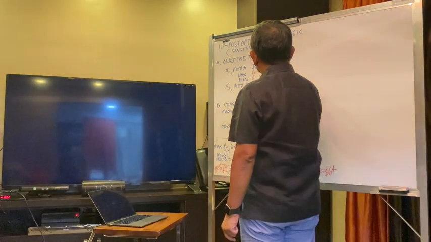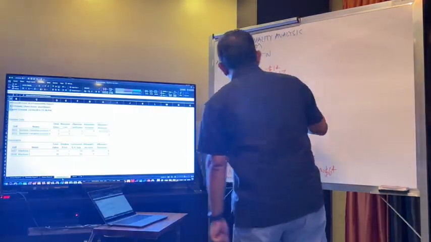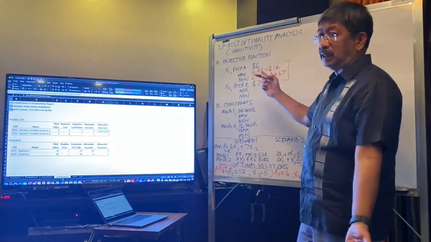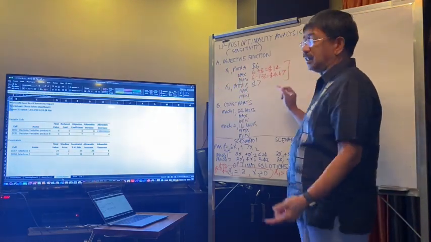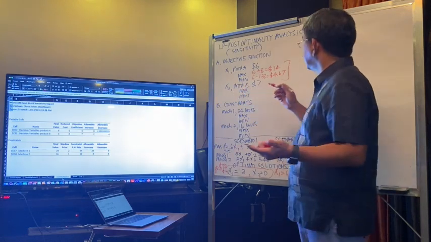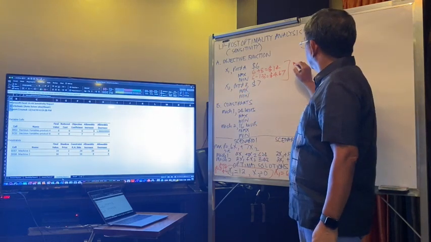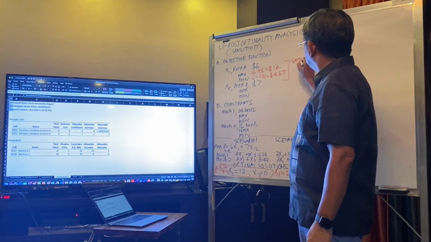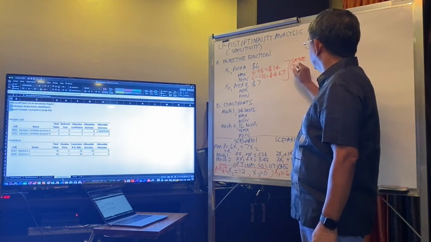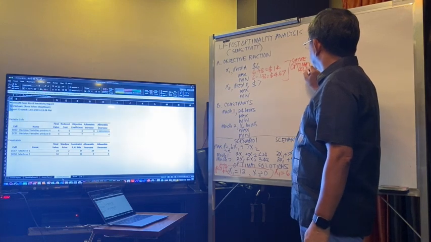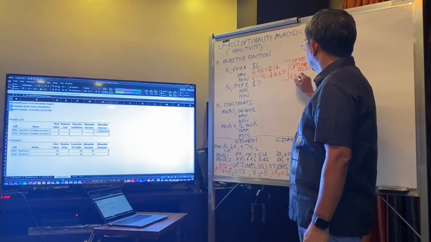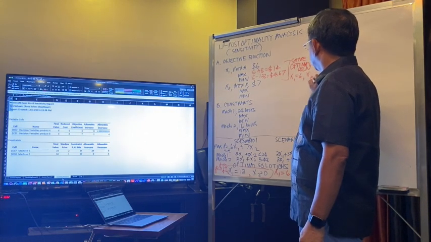What is the importance of this? Within this range, you can increase and decrease. Siyempre, di ba? In your marketing strategy, you can increase or decrease your pricing and therefore your profit margin. So if you're within this range, your optimal solution is still the same. You don't have to change it. X1 is 6, X2 is 4.